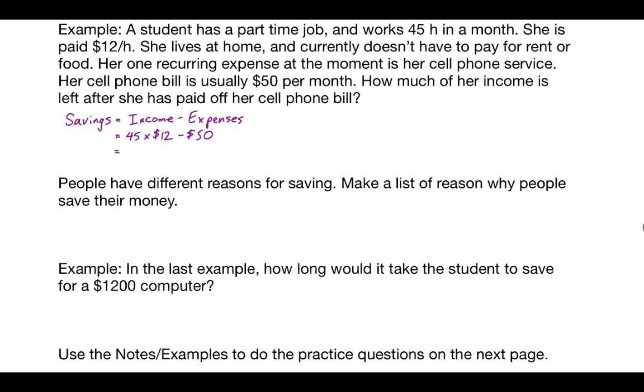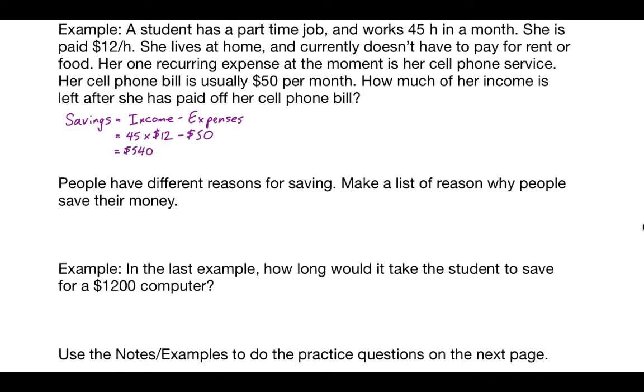So 45 times 12. Let's see. Can I do this mentally? 45 times 2 is 90, and 45 times 10 is 450. 450 plus 90 would give me $540.